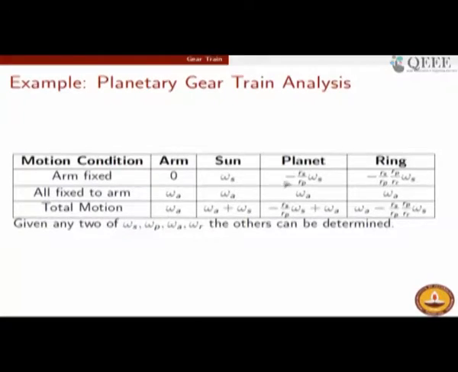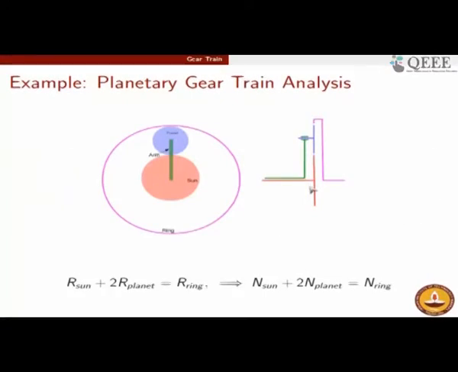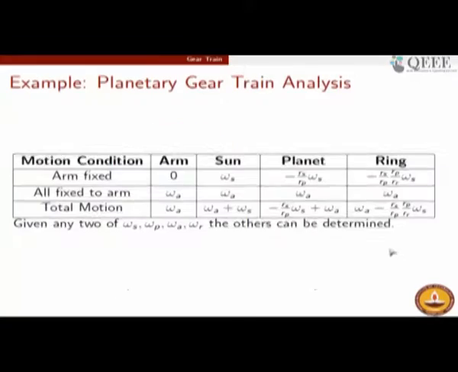And finally, if this is the planet gear speed, then the ring gear speed can be determined as rs by rp into omega s into rp by rr. rr is the ring gear radius.